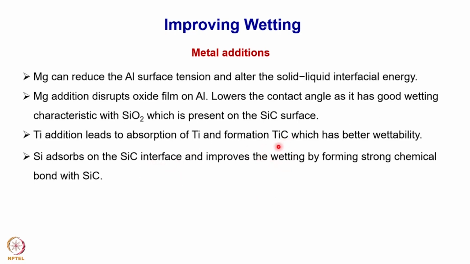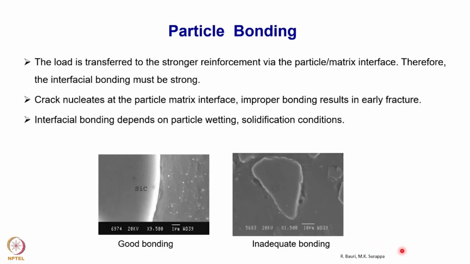It can even react with the ceramic reinforcement and form another ceramic, like for example titanium carbide, which has a better wettability, and therefore this will lead to a better bonding.